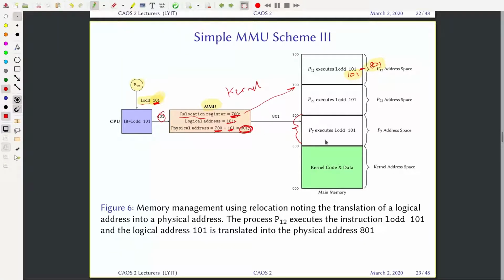It allows us firstly to be able to move programs about in the physical address space wherever they may be, and always have their logical addresses correctly reference that program's address space. And also as well, it shows us a pathway perhaps later on to how we might actually implement a more efficient memory management scheme.